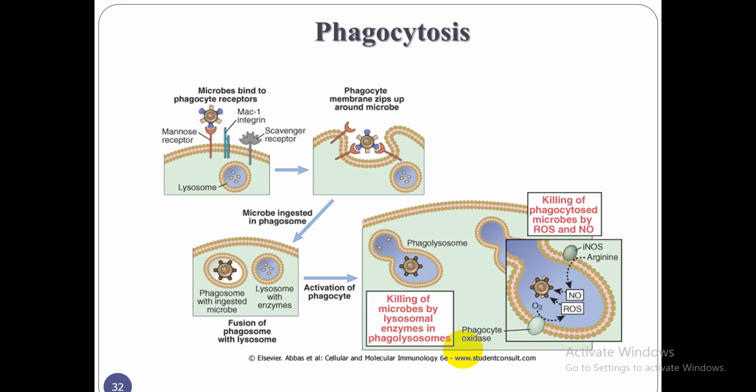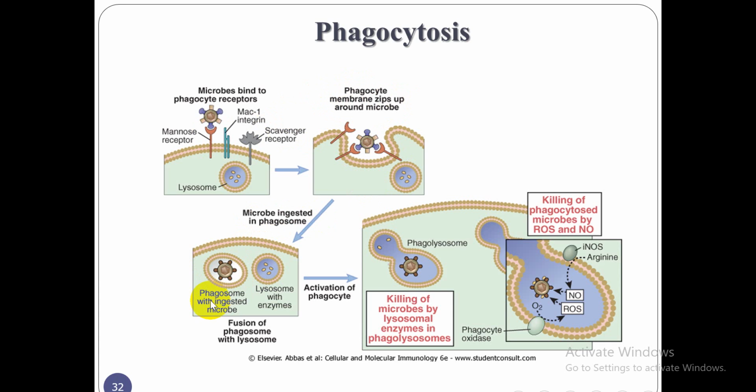Here you see that a microbe could be attached, for example, to a kind of PRR, like mannose receptor, on the surface of a cell, and then you see that this membrane zips up around the microbe, and we have a microbe which is ingested in a phagosome.